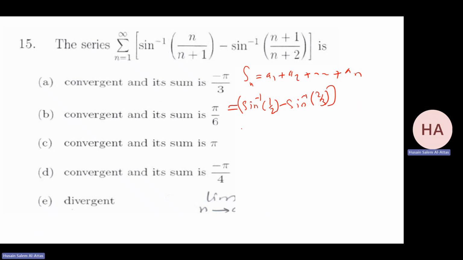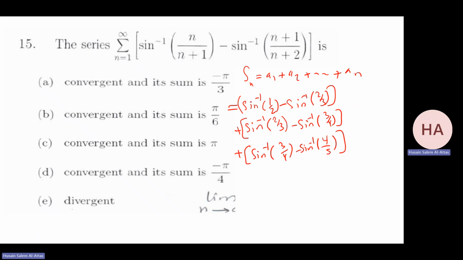Plus sine inverse at 2, which is 2 over 3, minus sine inverse at 3, which is 3 over 4. Plus sine inverse at 3, just to be sure, 3 over 4, minus sine inverse of 4 over 5.